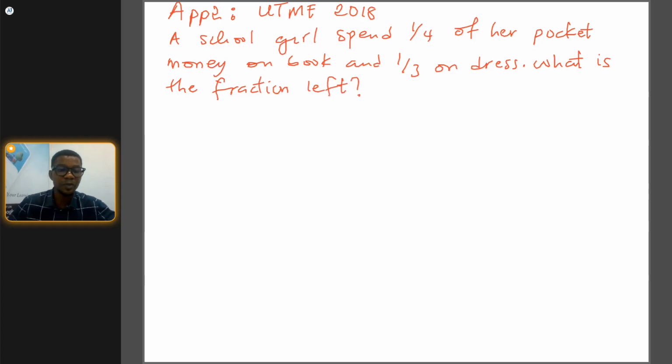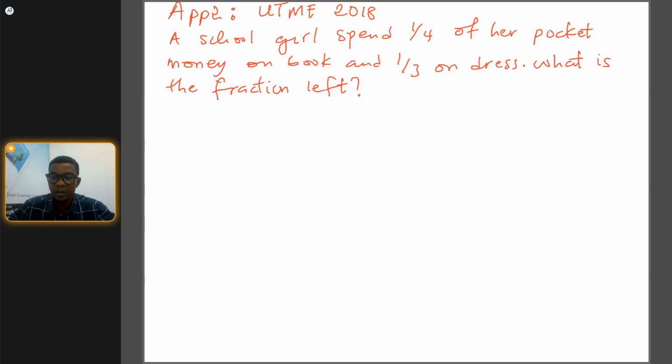So we have up to UTME question 2018. A girl spent 1/4 of her pocket money on book and 1/3 on dress. What is the fraction left?